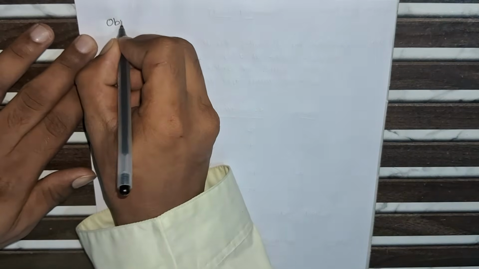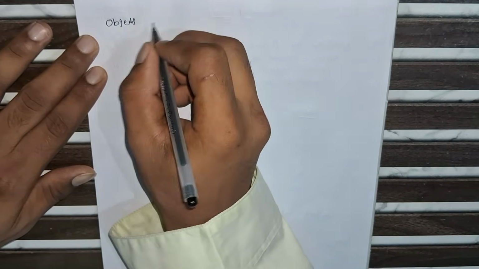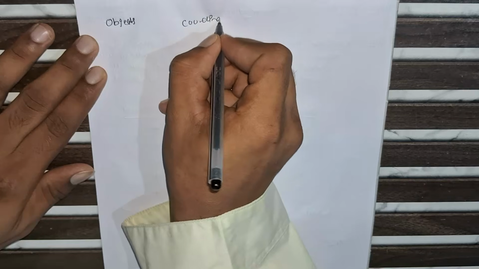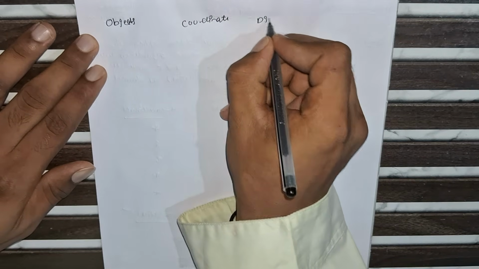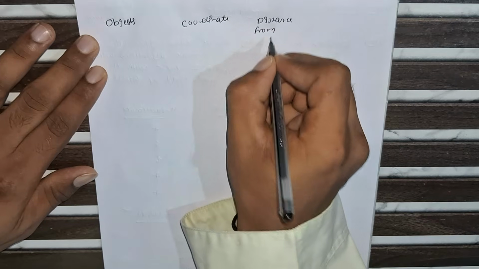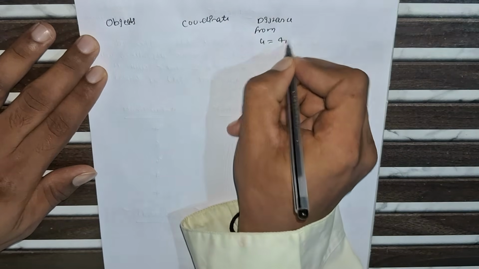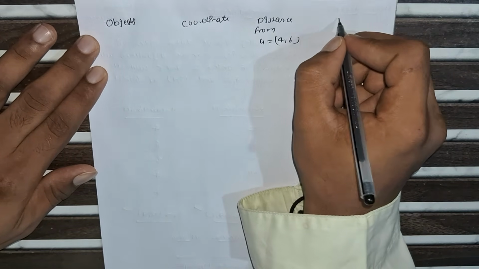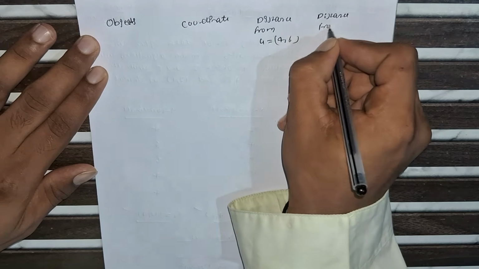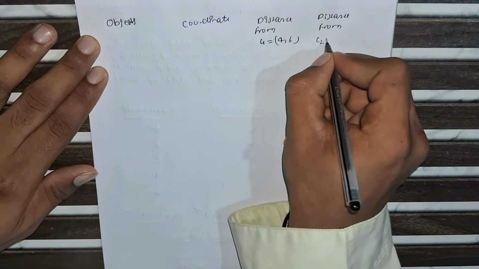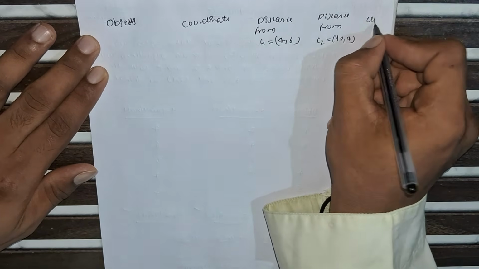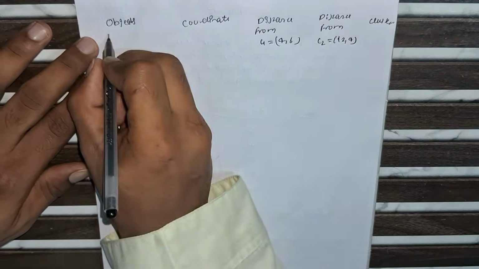So this is our objects, this is the coordinate, distance from C1 which is 4,6 coordinate, and this is distance from C2 which is 12,4. Now here we are forming the cluster.